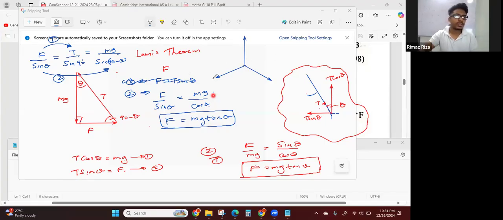So anyway, let's say the forces are F1, F2, F3, and the angles are alpha, beta, and gamma. Then Lami's theorem is what we wrote. I'll erase this bottom part.